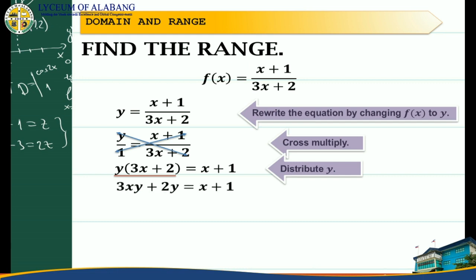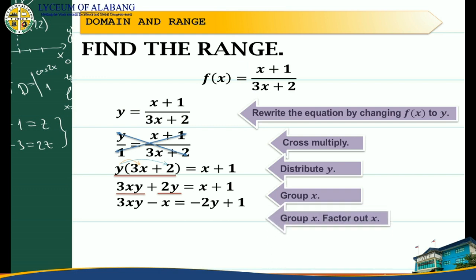And simplify. y times 3x is equal to 3xy. y times 2 is equal to 2y. Then, group x. We have 3xy minus x is equal to negative 2y plus 1. After group x, factor out x.